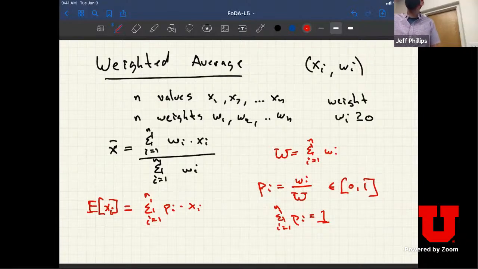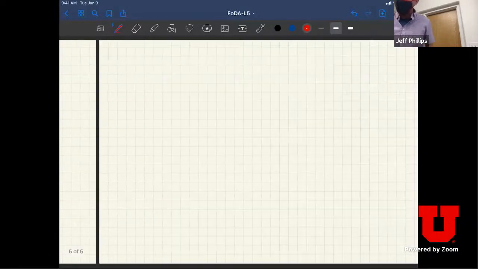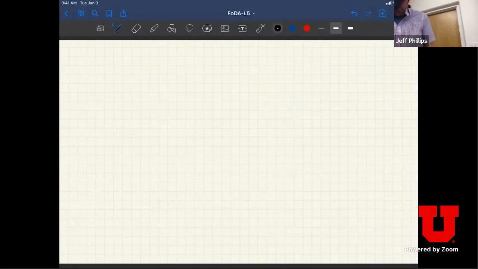I also want to prove to you that the average was the solution for the sum of the squared errors. I'm not going to go through that for the case with the weighted average. It just adds complexity.